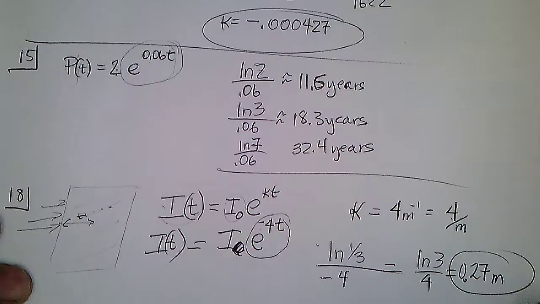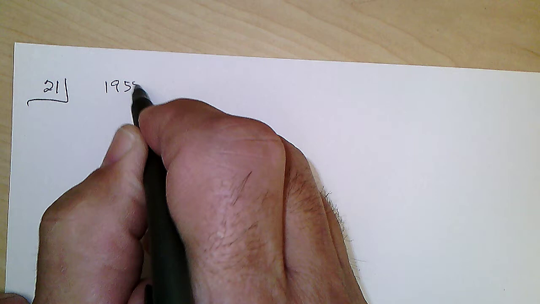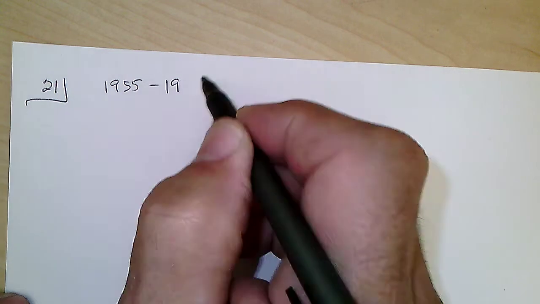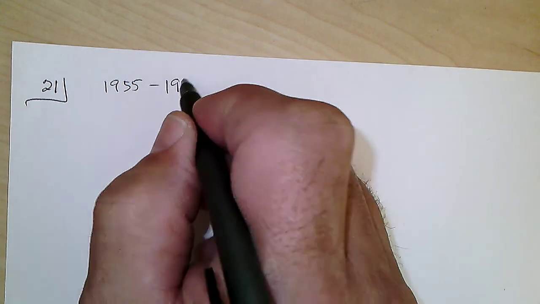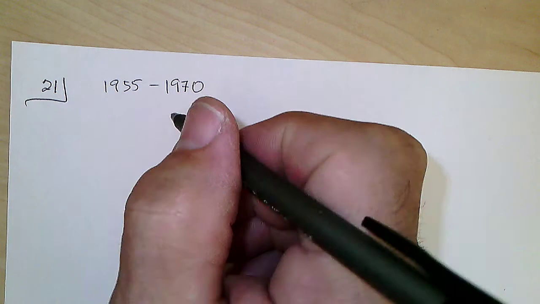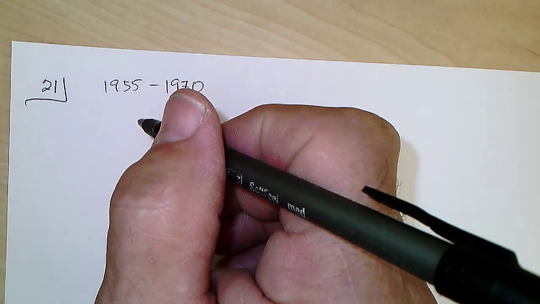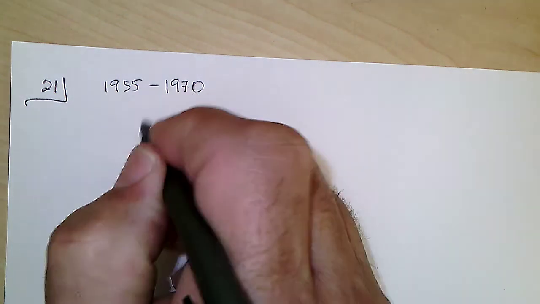Okay, let's go to number 21. Says degrees in physics from 1955 to 1970. The degrees grew exponentially with a k of 0.1.